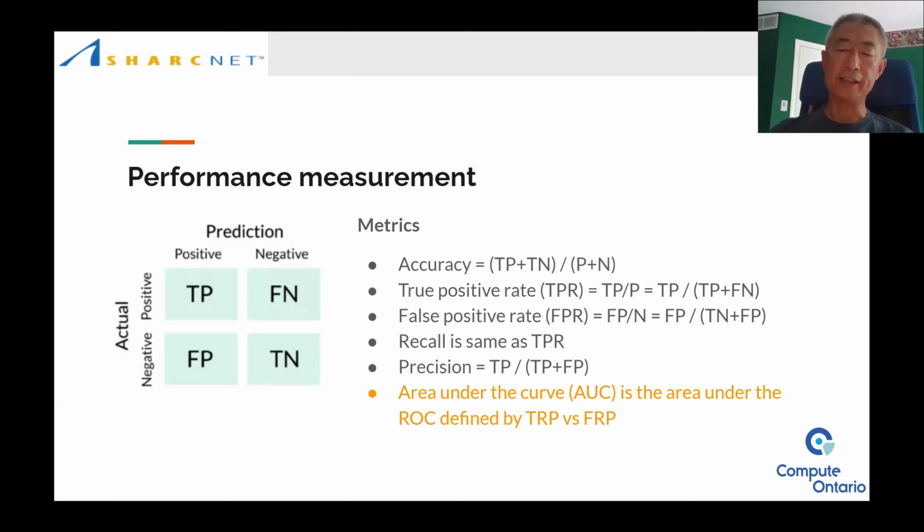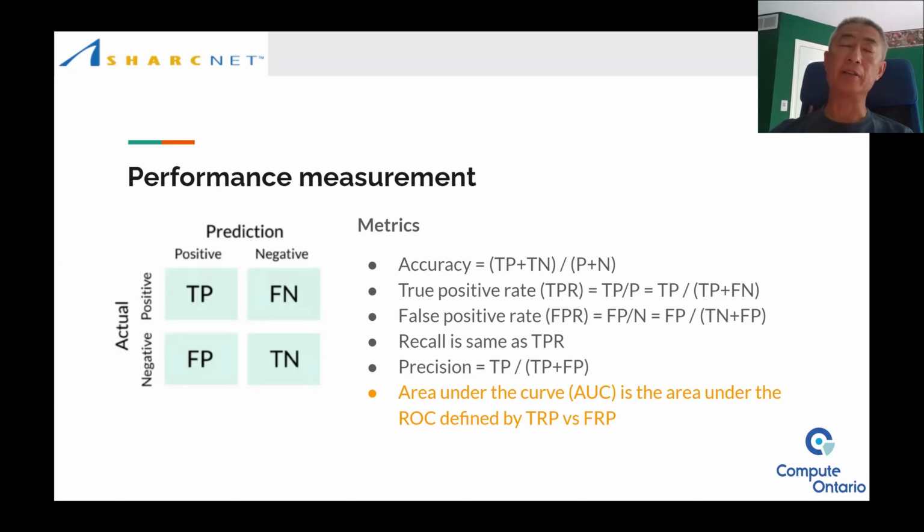For the skewed distribution problem we are going to deal with today, the accuracy is certainly not a good metric. This is because, for example, in cancer screening, if you let the model, without any training, just output, no matter what the input is, you always classify it as negative.